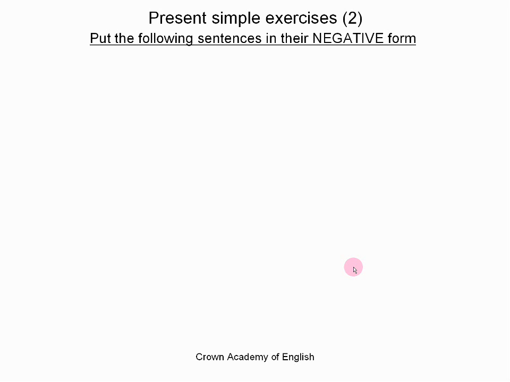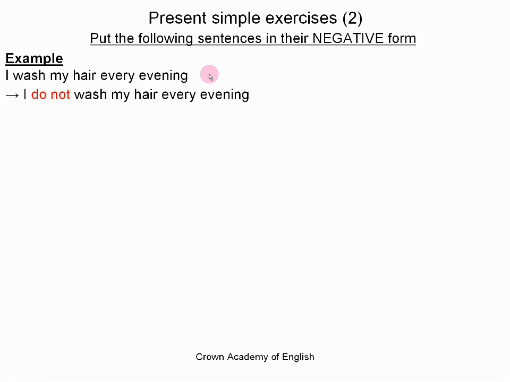So this one is similar, except this time I'm asking you now to put the following sentences in the negative form. For example, I wash my hair every evening. That's the affirmative. And when we put that in the negative form, the answer is, I do not wash my hair every evening.